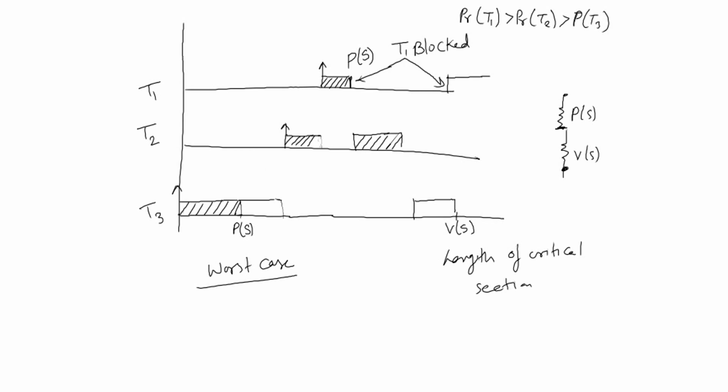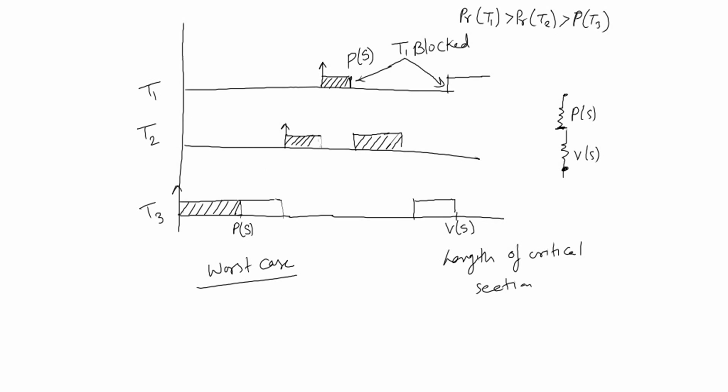If more tasks are added, and there are so many tasks, the waiting time could be even much longer, right? So what is happening in this case is that T1 had the highest priority, but it became the lowest one. Why? Because after that T2 executed, then T3 executed, and only then was T1 able to execute.